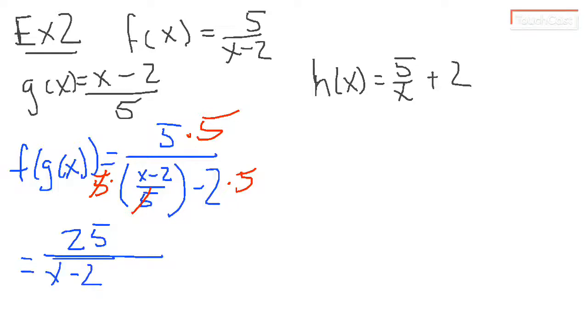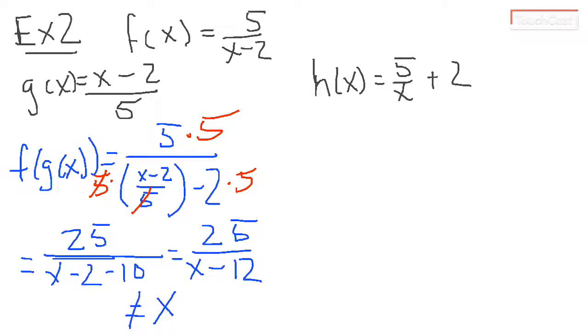And then 2 times 5 is 10, so we'll have a minus 10, which cleans up to 25 over x minus 12. If we were trying to get an inverse function, we want it to equal x, and in this case, it does not equal x. So g of x is not an inverse.